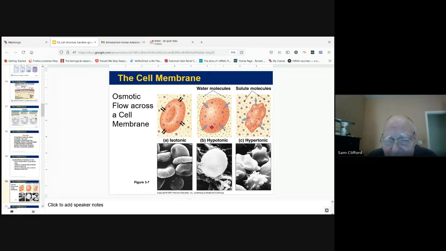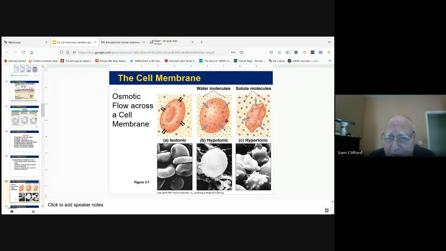If you have a hypotonic solution outside of the cell, where there's more water, that water is going to move inside the cell and cause it to burst. If there's a hypertonic solution outside the cell, meaning less water, the water is going to move out of the cell.